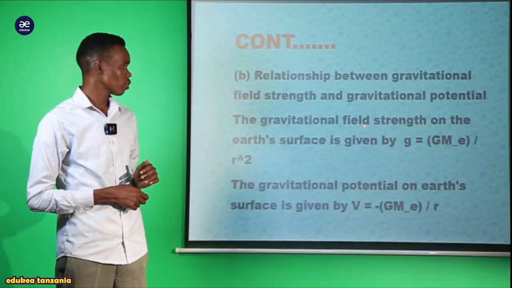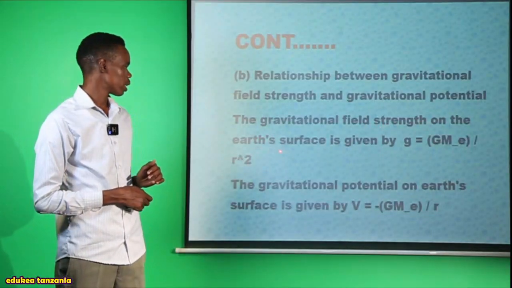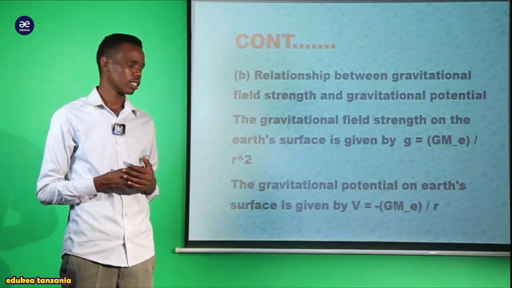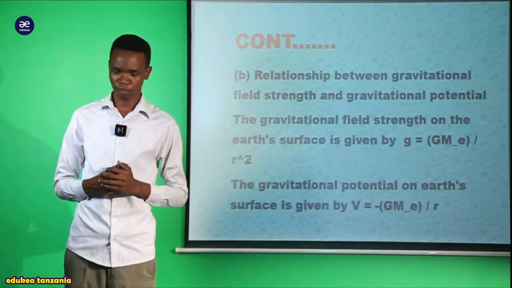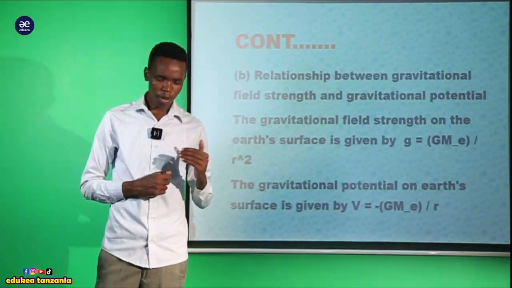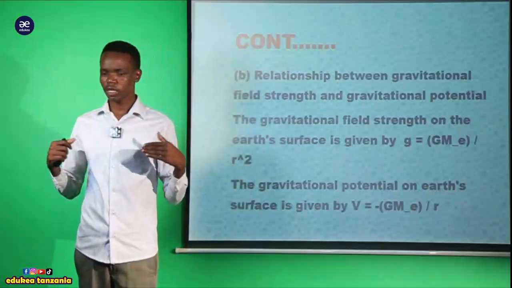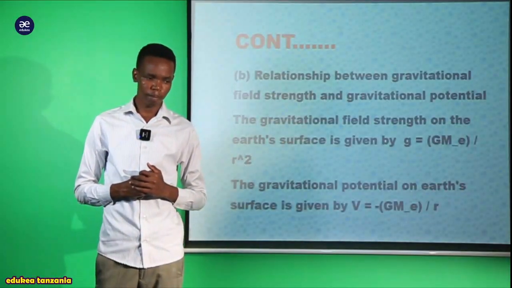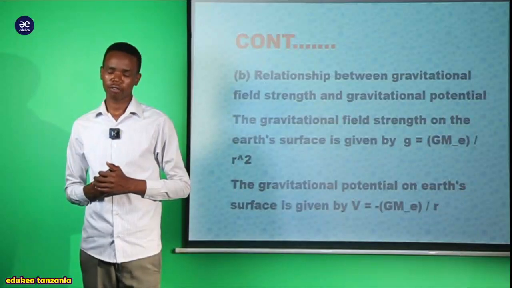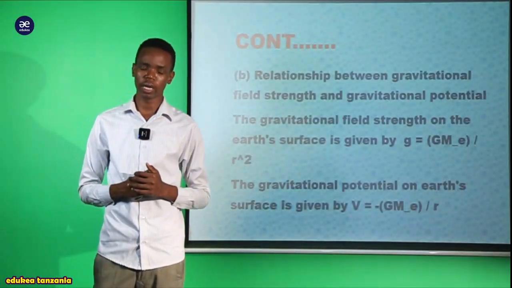The gravitational field strength on the Earth's surface is given by g equals GME divided by R squared. We say that we obtain the gravitational field strength by taking the work done divided by the mass of the body.